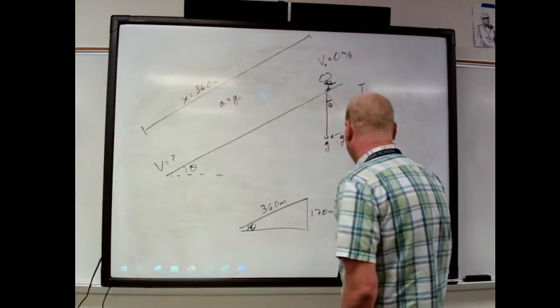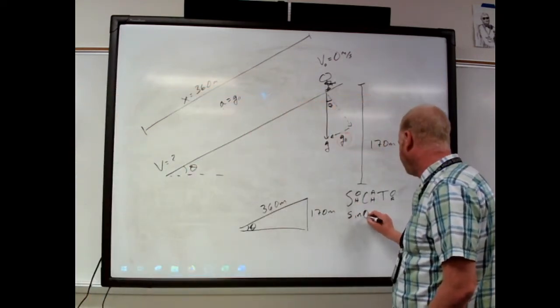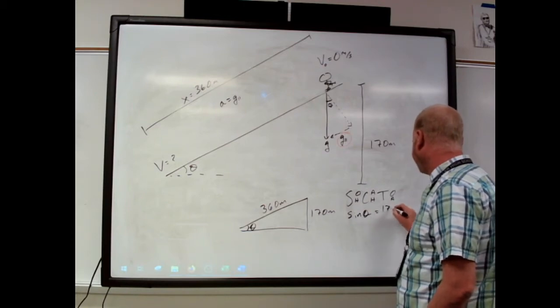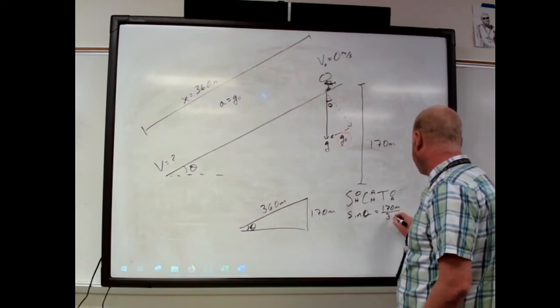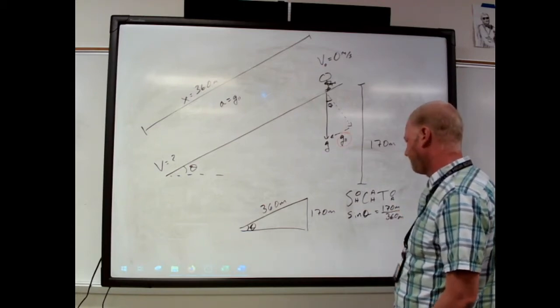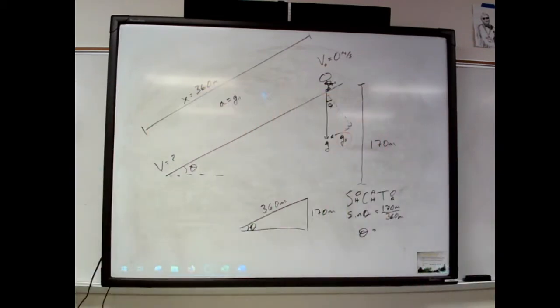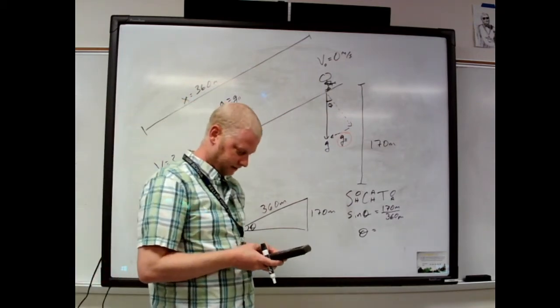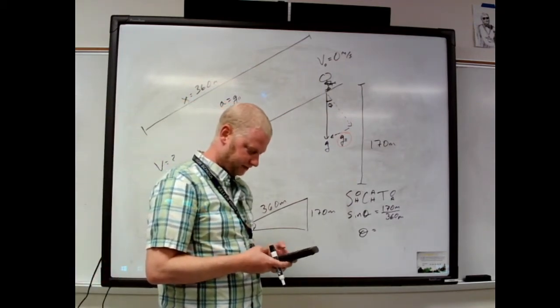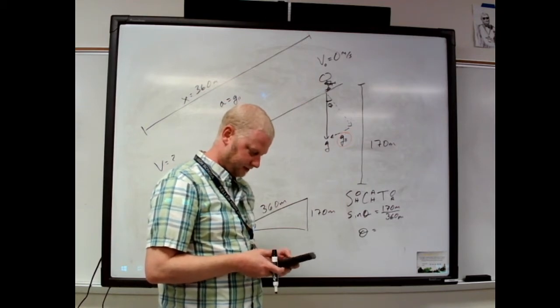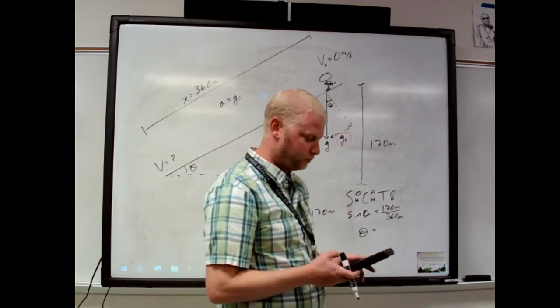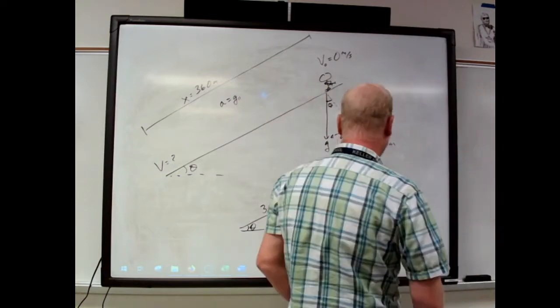The sine of your unknown angle is equal to opposite over hypotenuse. So you solve that out. So 170 over 360. And the inverse sine of that, and you get 28.2 degrees.